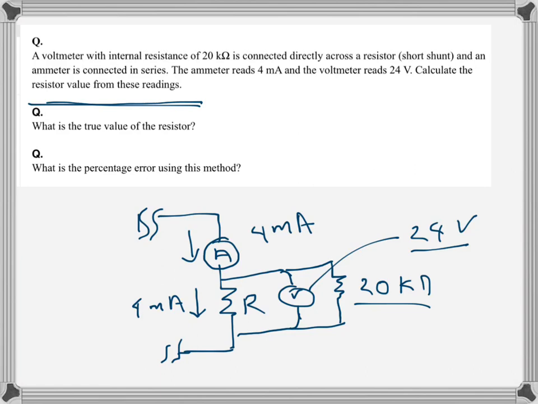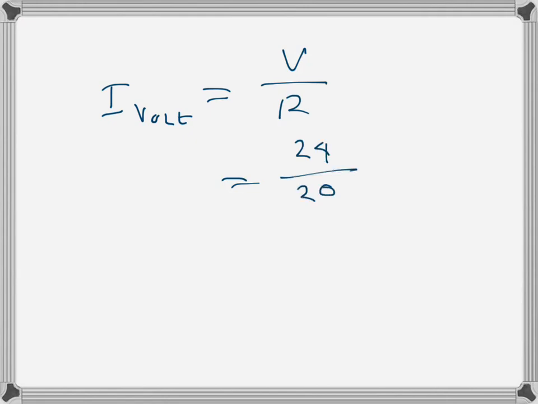The voltage across here is 24 volts and the resistance is 20 kilo ohms. So 4 milliamps is coming that way, a little bit of that will go this way, and the rest will go through the resistance. The current that goes through the voltmeter, we can call I voltmeter, will again be V over R by Ohm's law, and V is of course 24 and R is 20 kilo ohms.